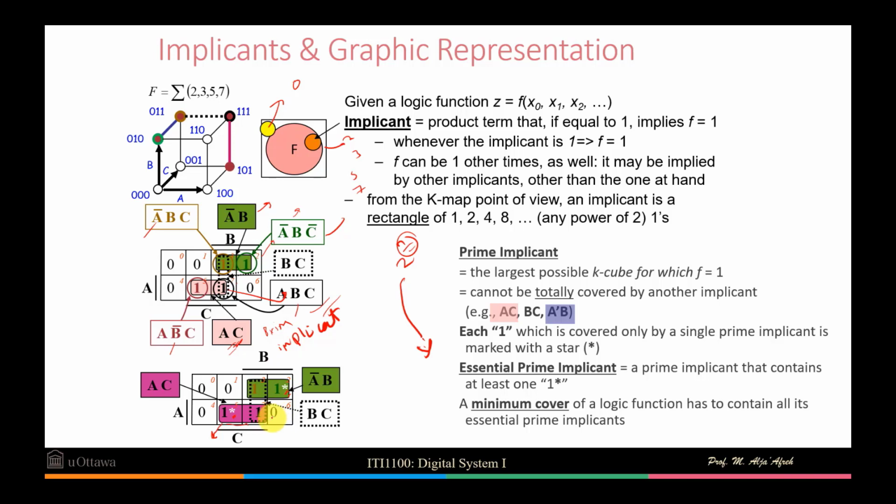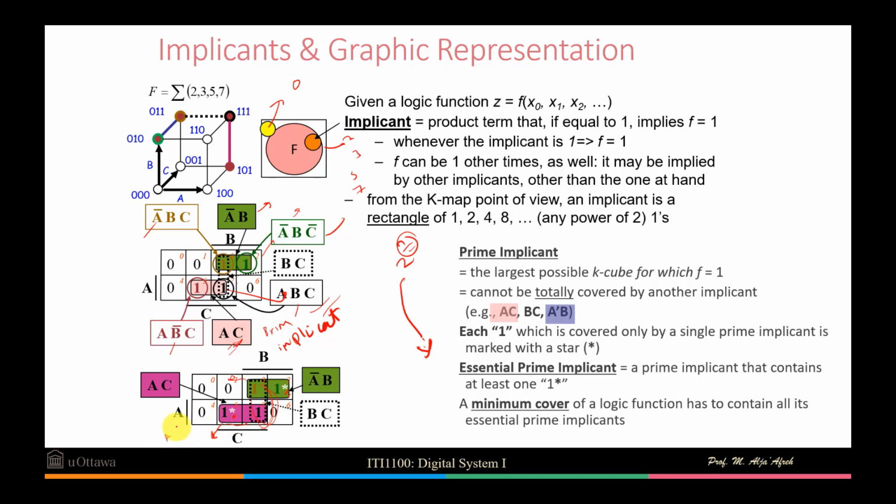Now, those two, I can group them again, okay? But remember, guys, the minimal sum of products of function f must include all its essential prime implicants of f. So since we covered all the ones, this is a redundant one, okay? So this one, if I'm going to get it, that will give me what here?